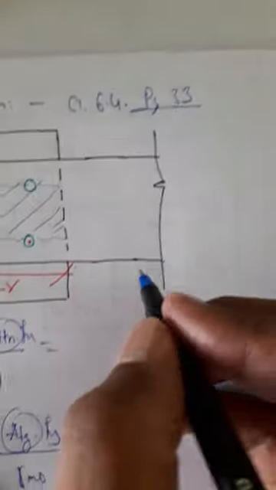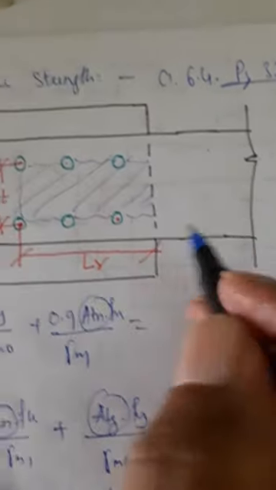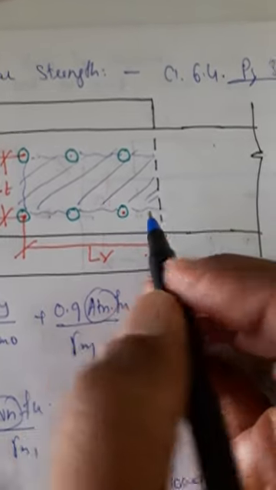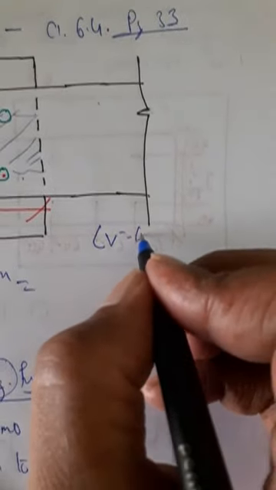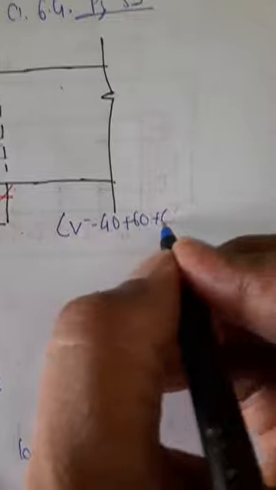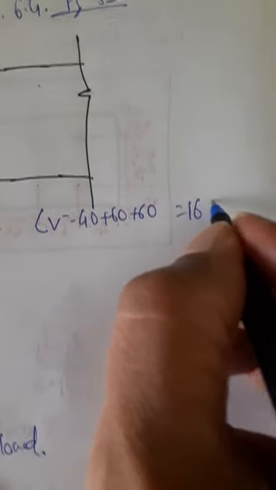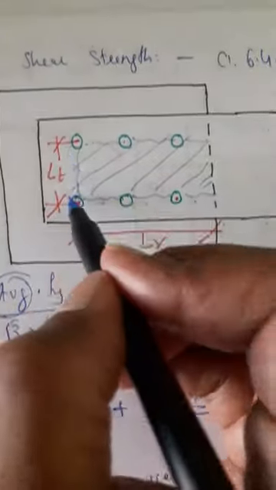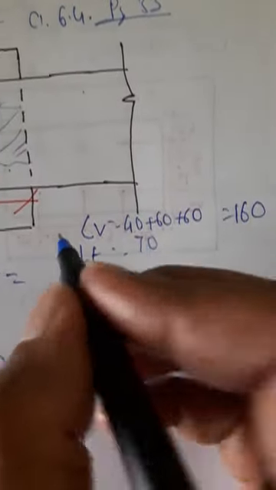So here first I will identify these values. So LV is equal to 60 plus 60 plus 40, 160. LT, this value is 70.